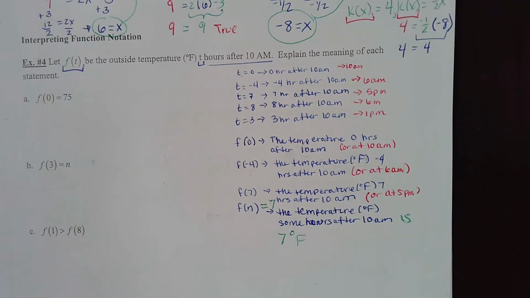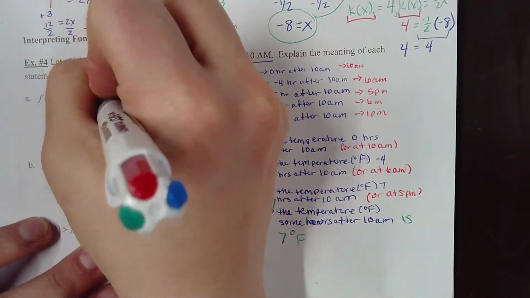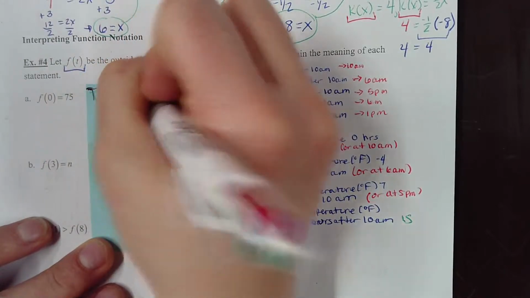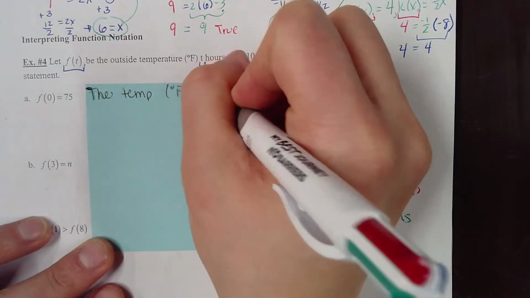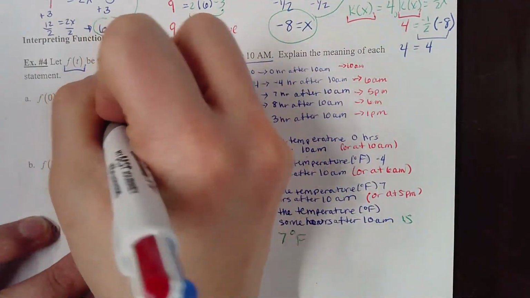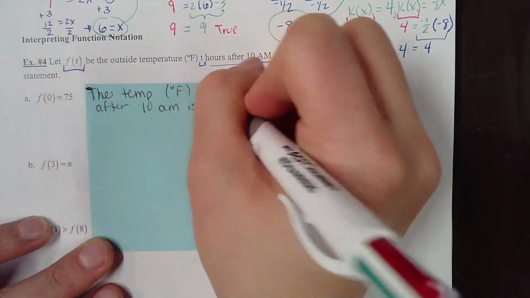Did you get an answer? The long form isn't so bad to do, but it is a little bit unwieldy. The temperature in degrees Fahrenheit, 0 hours after 10 a.m. is 75 degrees.